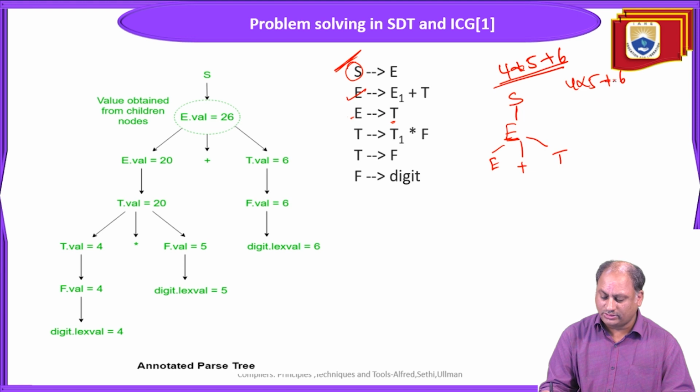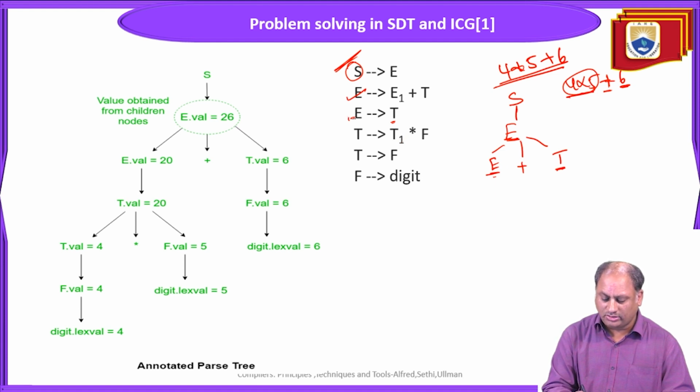The expression is 4 star 5 plus 6. Suppose we have performed 4 star 5 at the T place, and the plus operation and 6 on this side. If you obtain 4 star 5 that way, the E expression must contain another star operation, so E requires a star.